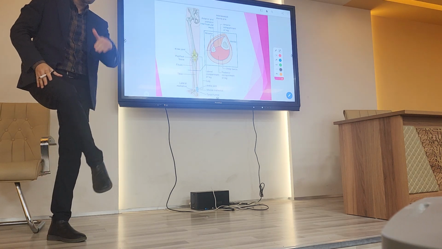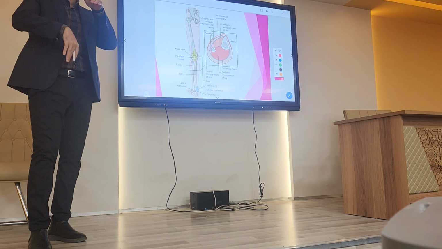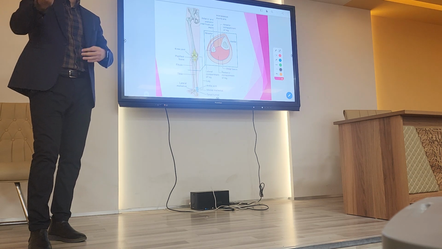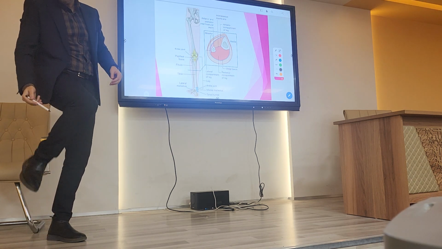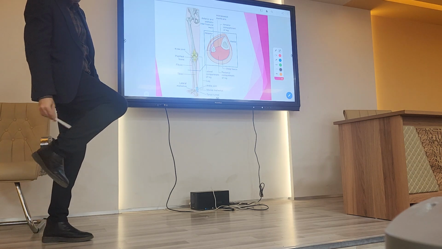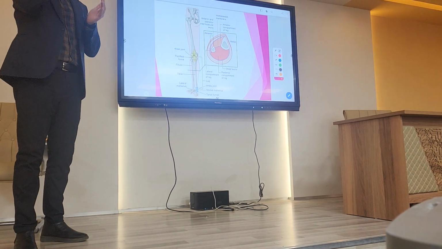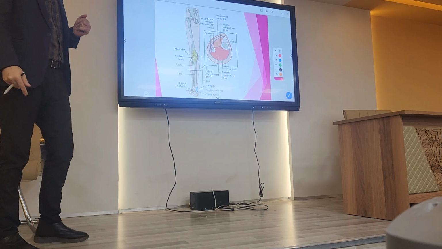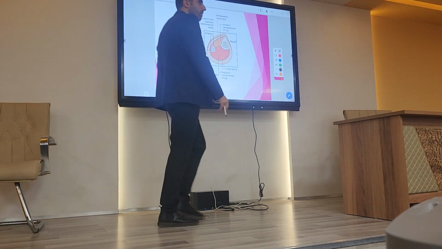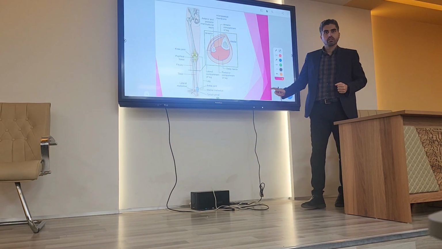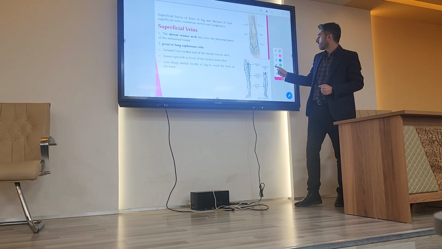The posterior tibial artery is another branch of the popliteal artery. The fibular artery is a branch of the posterior tibial artery. So these are general information about the leg, the summary about the muscles, nerve, and function.